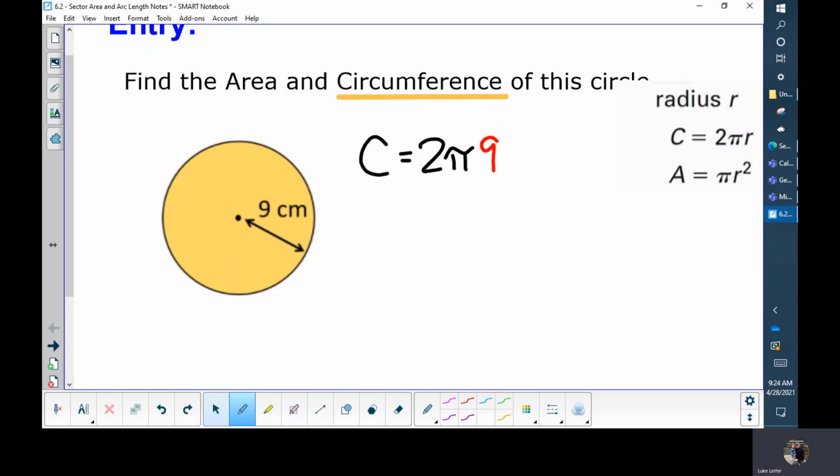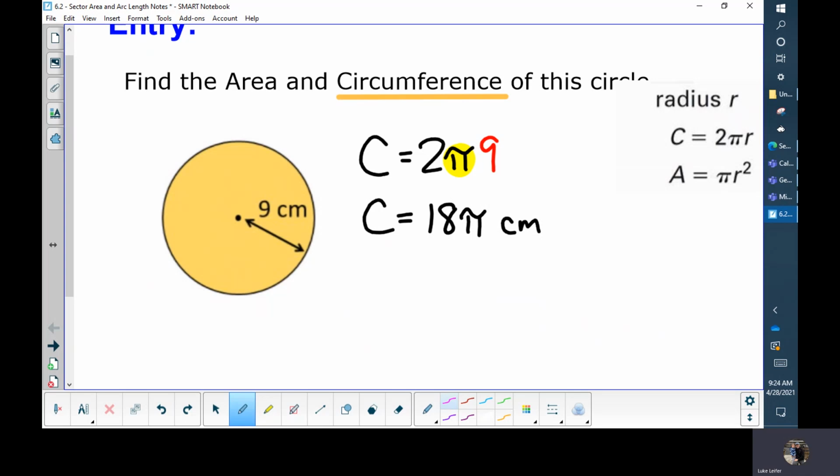My exact answer means I'm going to leave pi in my answer, because pi is a very funky decimal that goes on forever, and if it's exact, I can't write decimals that go on forever. So I just multiply the two numbers around the pi. What is 2 times 9? 18. So my exact answer is 18 pi, and this is centimeters because it's one-dimensional.